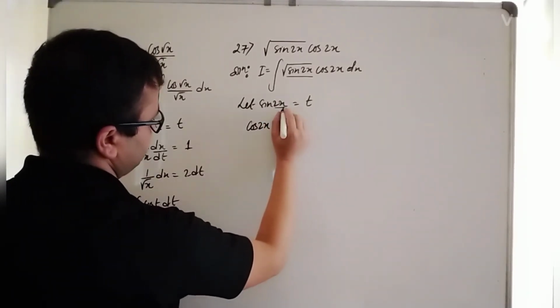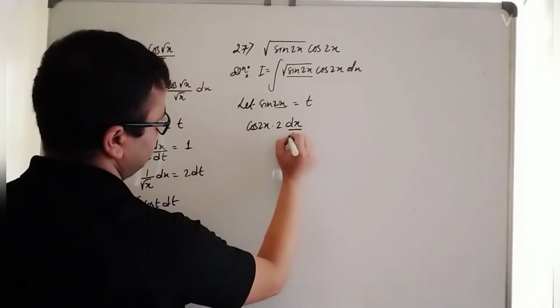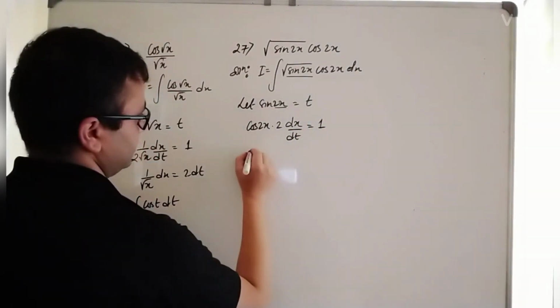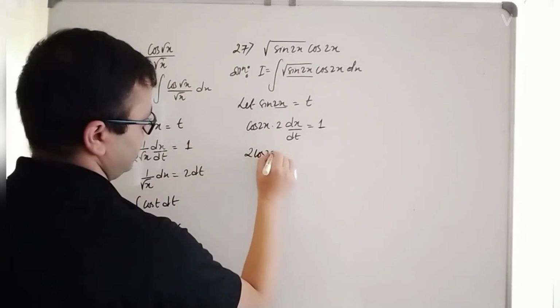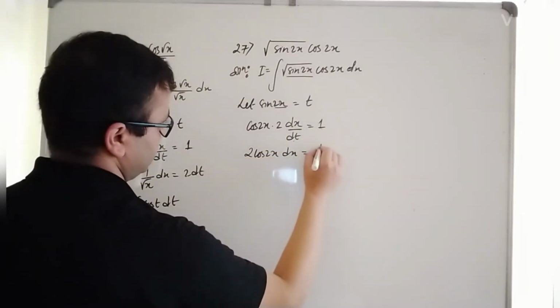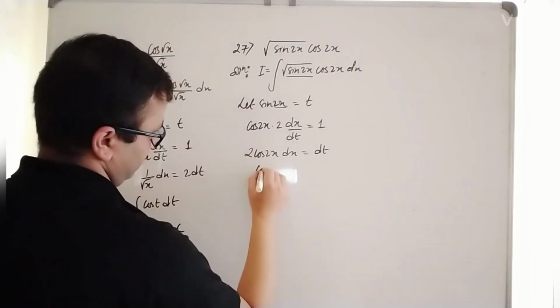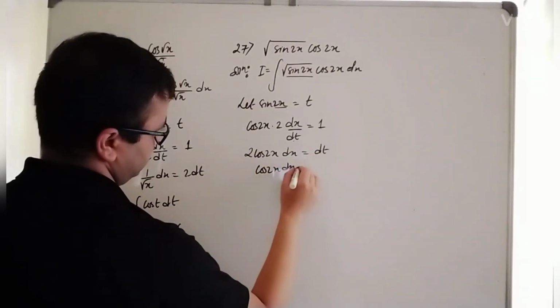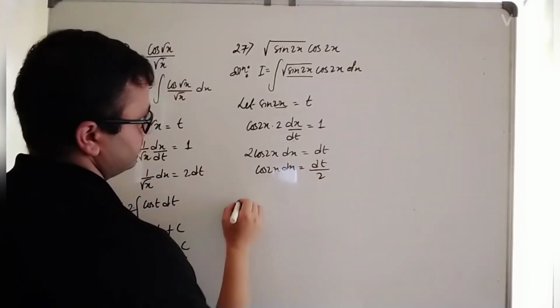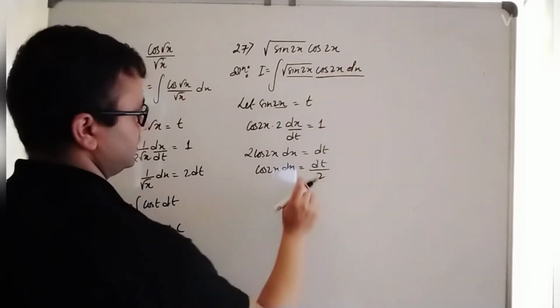So 2 cos 2x dx equals dt. So cos 2x dx equals dt by 2.